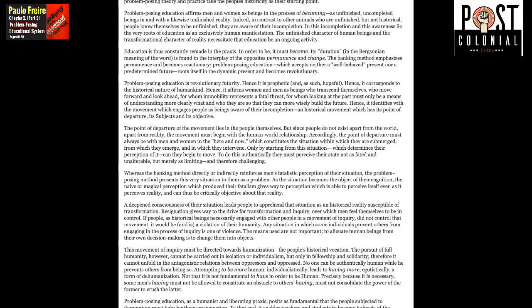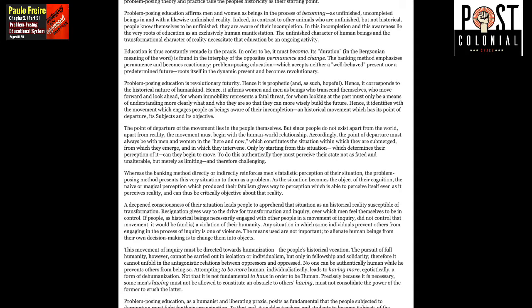Problem-posing education affirms men and women as beings in the process of becoming, as unfinished, uncompleted beings in and with a likewise unfinished reality. Indeed, in contrast to other animals who are unfinished but not historical, people know themselves to be unfinished. They are aware of their incompletion.